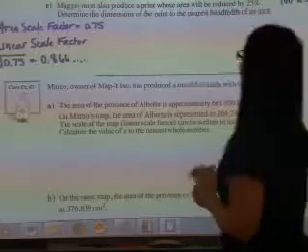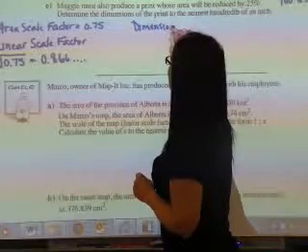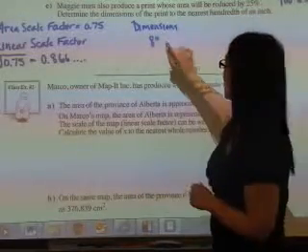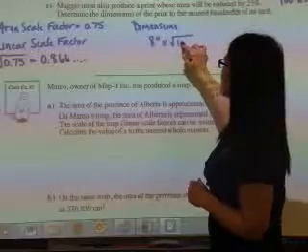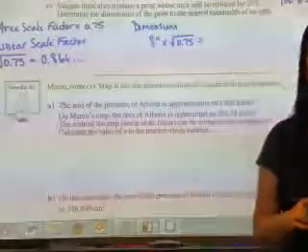So when I try to find my dimensions, I have my 8 inches. It's probably best to just multiply it by the square root of 0.75. And then I don't have to worry about typing in all of those decimals, or how many decimals do I need, when do I stop.